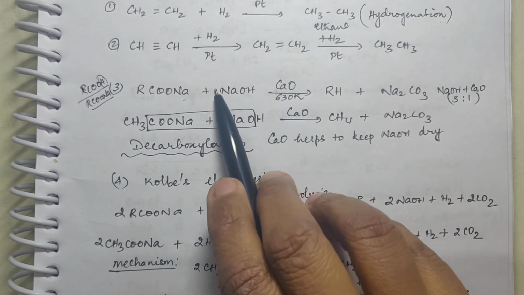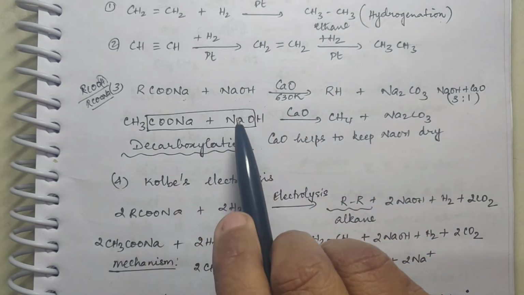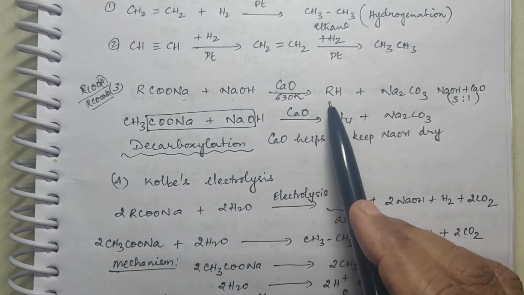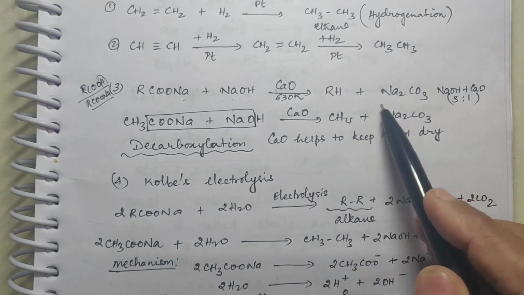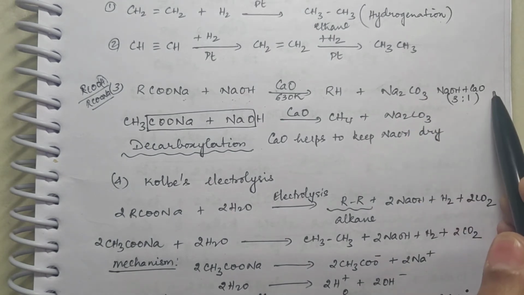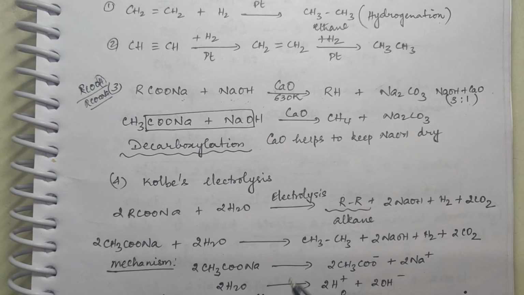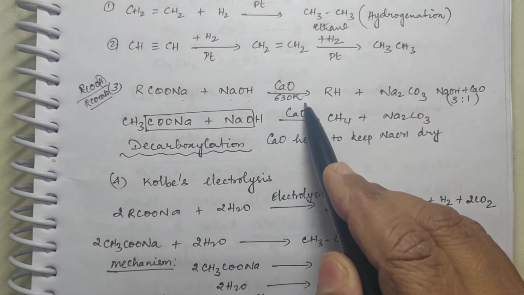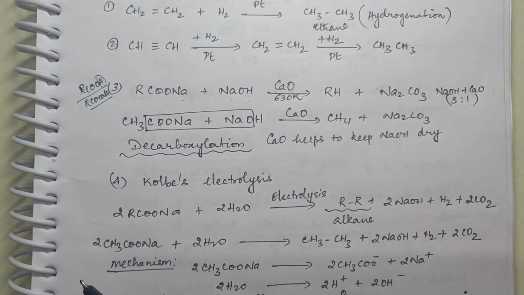CaO is lime, NaOH is soda. When you treat it with soda lime, you will get alkane, and the byproduct that is formed is sodium carbonate. Now this soda lime, in what ratio is it taken? It is taken in the ratio of 3:1, and the reaction is conducted at a temperature of 630 Kelvin.